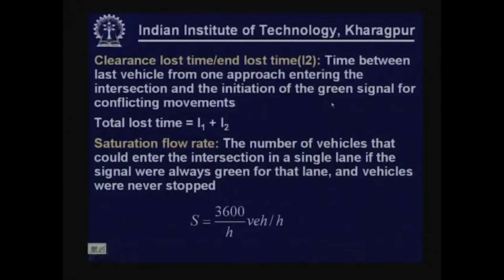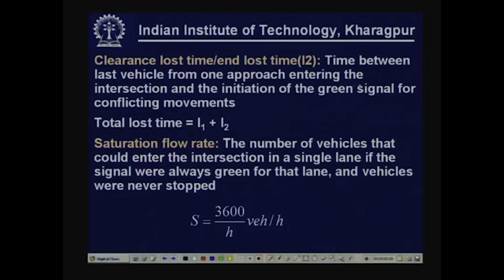One approach you are making red, so the last vehicle goes, another approach you are making green, but you want to keep a certain minimum gap, so that the last vehicle can cross the intersection area safely before another vehicle from another approach comes to that intersection getting the green signal. So, that lost time is basically known as clearance lost time or end lost time and denoted as L2. So, the total lost time is L1 plus L2, in the initial period and towards the end.